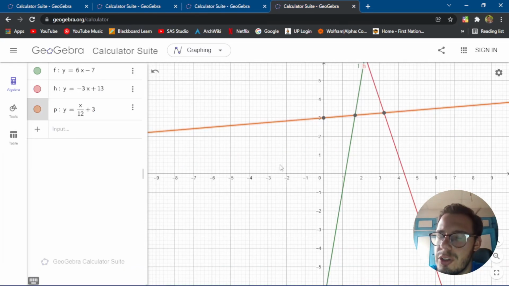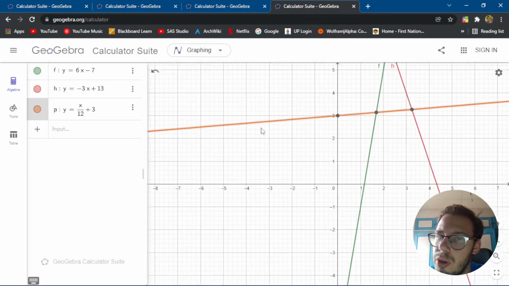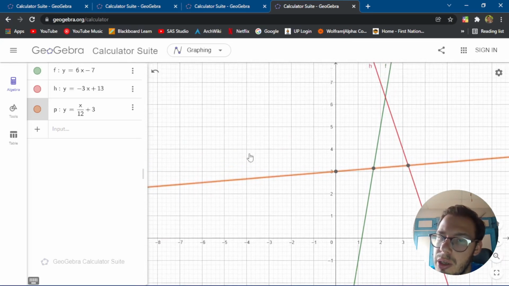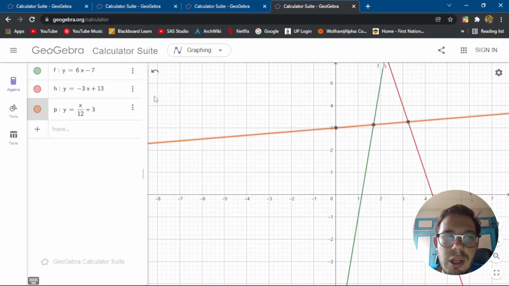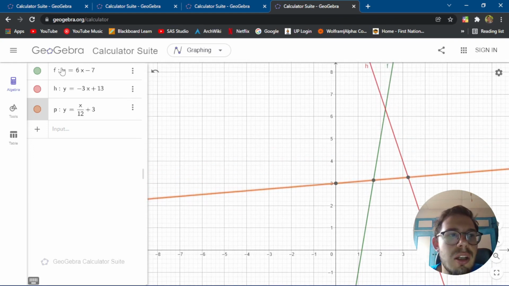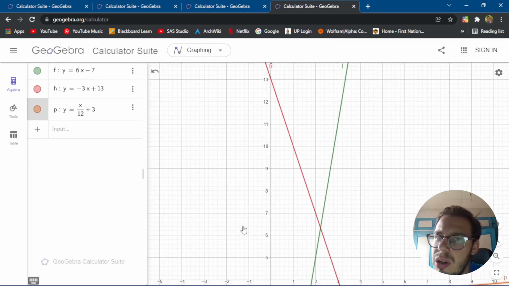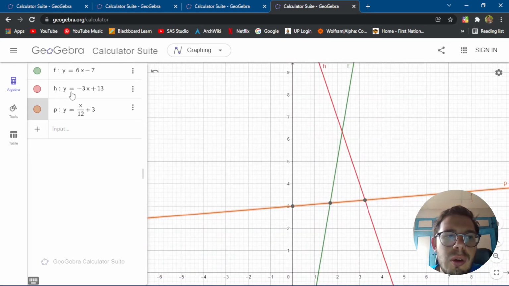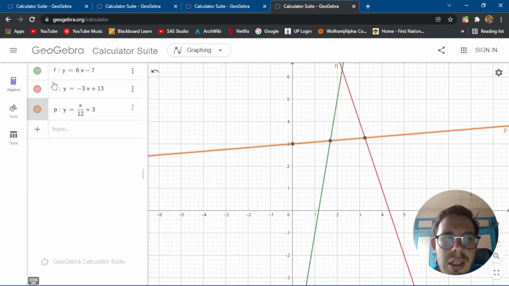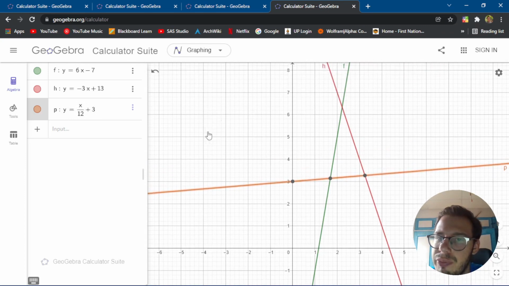So here I just wanted to show you all three graphs on one axis, on one x and y axis. So here you can see the first graph, y equal to 6x minus 7, is the green one. And here you can see the red one is y is equal to minus 3x plus 13. And here you can see the orange one is y is equal to x divided by 12 plus 3.